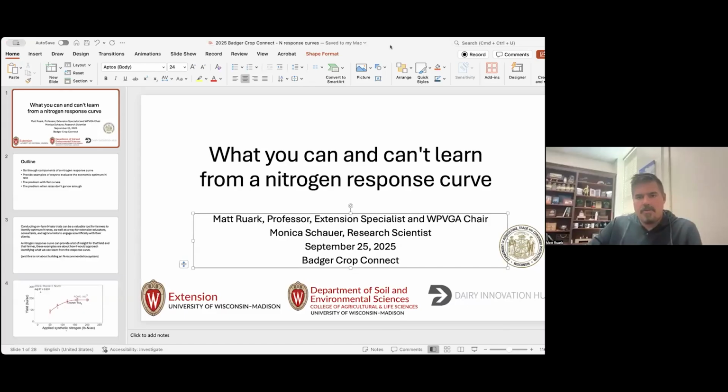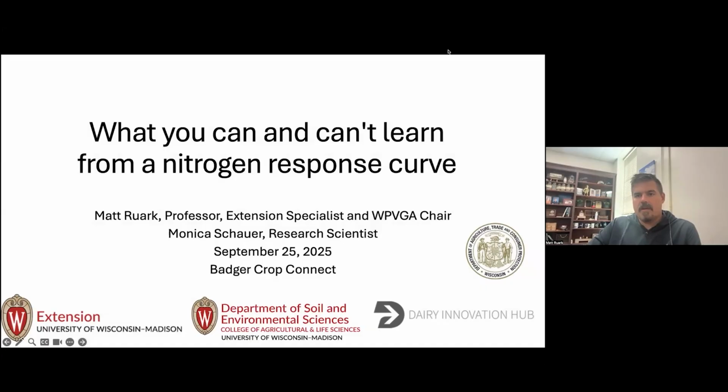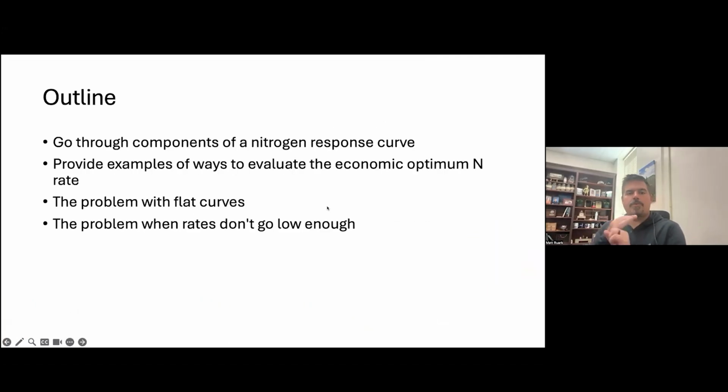So I've got a presentation here, co-authored with Monica Schauer, who's doing a lot of work with the nitrogen optimization pilot program from DACCAP. I want to go through some components of a nitrogen response curve.